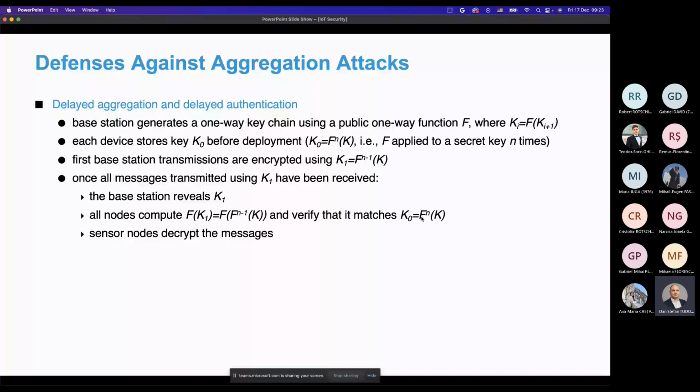Further, the sensor nodes can then decrypt the messages, and you can imply that they have been transmitted with K0. In a similar manner, successive keys can be revealed using this scheme until Kn equals K. So you can have a limited amount of aggregation and network traffic in the network given by these keys.